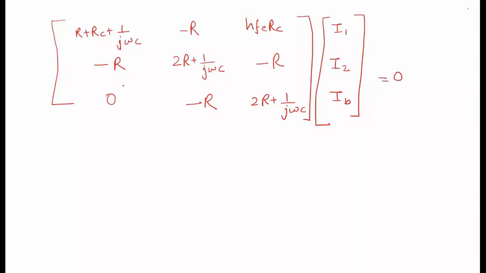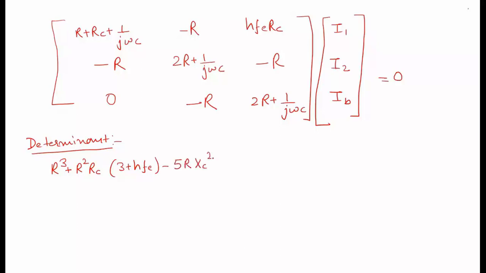Now for solving this matrix, we have to take the determinant of this matrix. As you all know how to take the determinant, I write the expression after taking the determinant: R cube plus R square RC into 3 plus HFE minus 5R XC square.